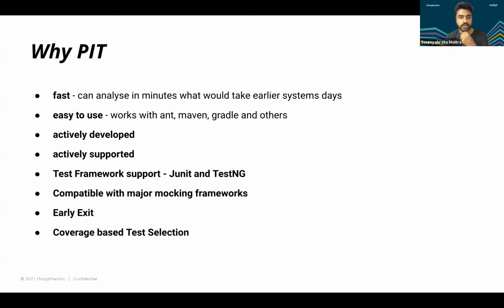Now, we talked about the mutant detection phase, right? And early exit is again one of the criteria that PIT uses to optimize its execution time. So what happens is, when your test methods are running against a particular mutated version of the source code, if one of the test methods fails, PIT will skip the execution of the other test methods.